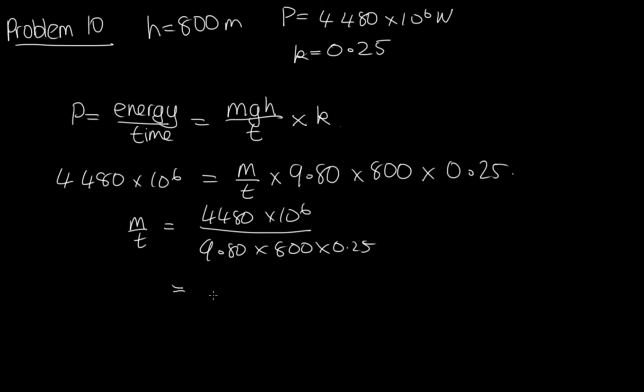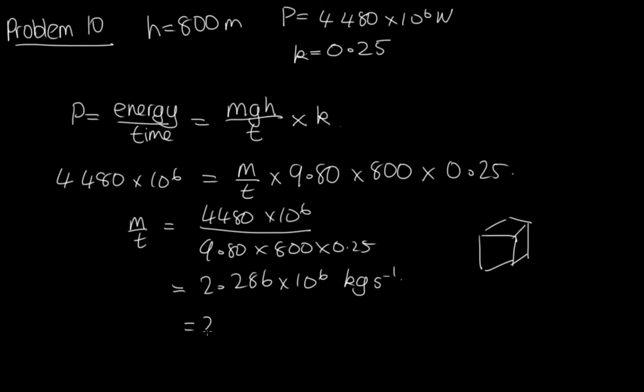And so we end up with 2.286 times 10 to the 6 kilograms per second. Now we need to get the volume flow rate. This is the mass per second, but we know that if we have a meter cubed of water, it contains 1,000 liters, so 1,000 kilograms. And so to convert this from kilograms to meters cubed, we need to divide by 1,000.